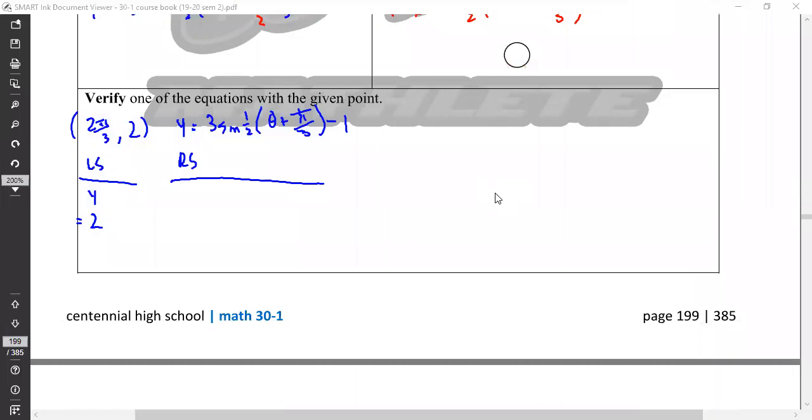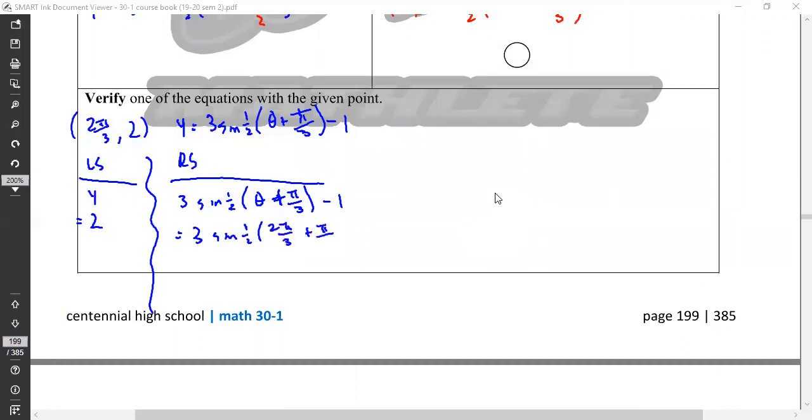A little bit of heavier lifting going on. Ends up being 3 sine of 1/2 theta plus pi thirds minus 1. That will be equal to 3 sine of 1/2 times, what do we have? We have 2 pi thirds plus pi thirds in those brackets. 2 pi thirds plus 1 pi third is 3 pi thirds.